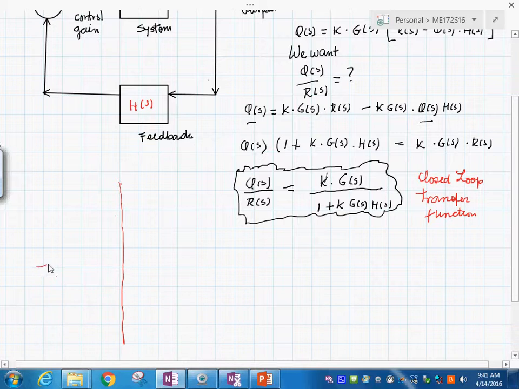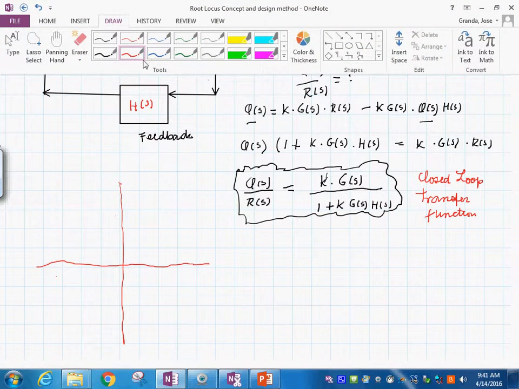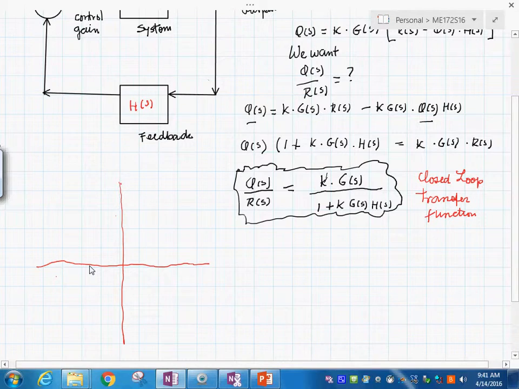If this is my plane, the complex plane, when K is equal to 1, let's say you may have roots over here. When K is 2, they might come here. See, they get closer like this until you begin having roots like this as you keep changing.